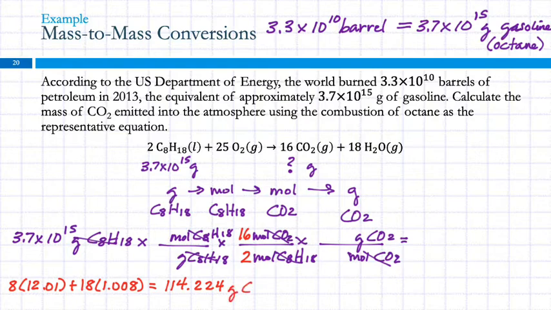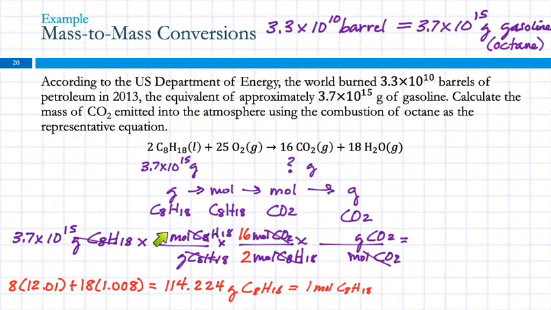That's grams of C8H18 is equal to 1 mole of C8H18. Now, we often just stop at the 114.224, but this is what we are implying. This is the mass in grams of 1 mole of that compound.